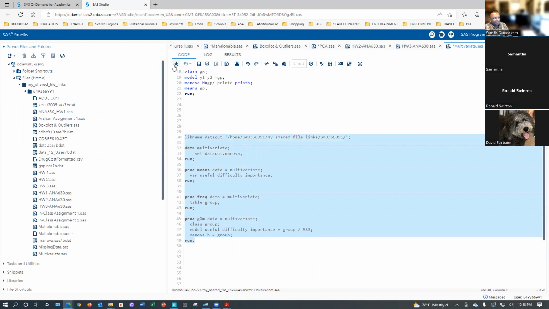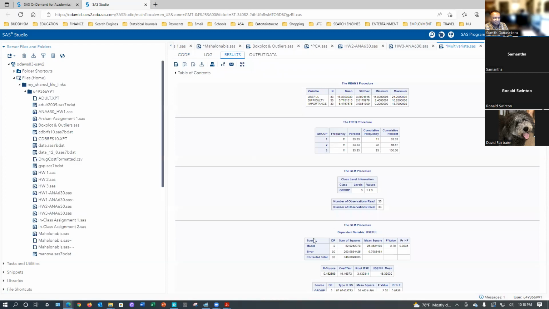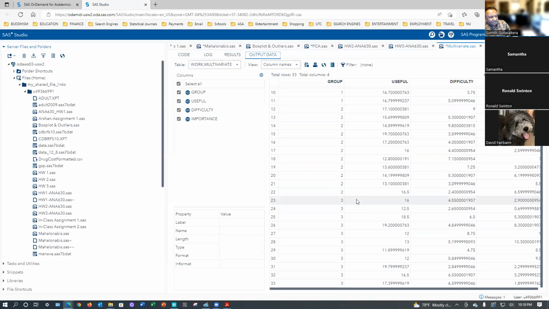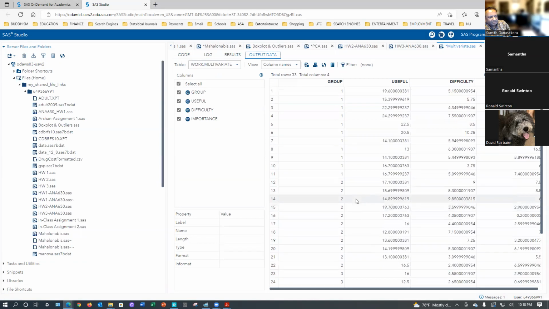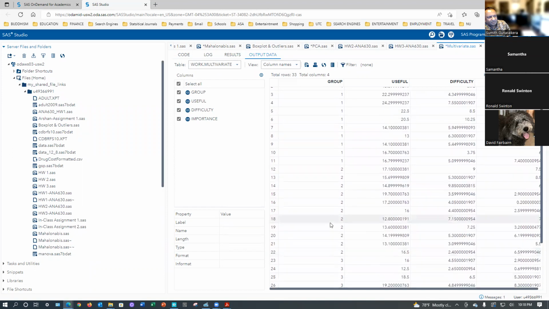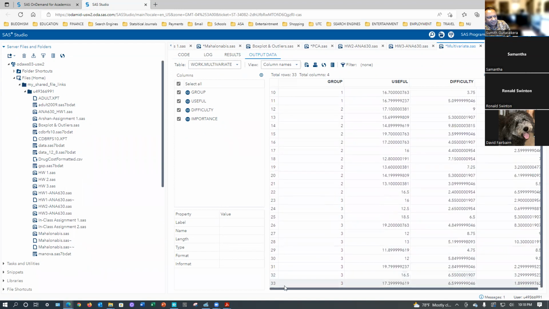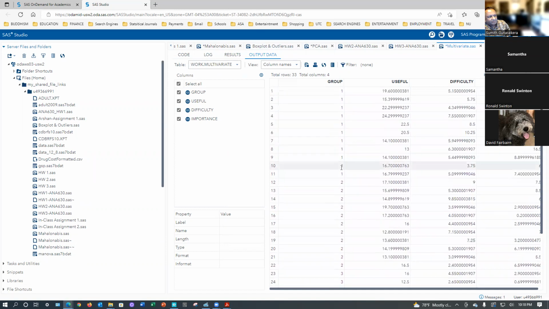I can run and check the means too if you want. See, these are the means, and that one has 33 individuals.